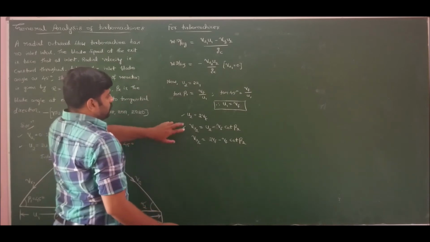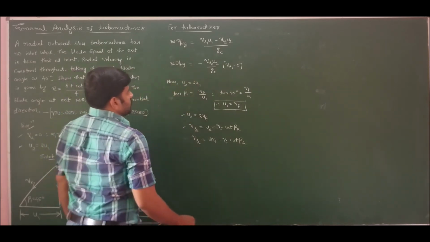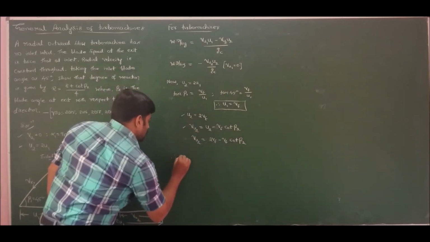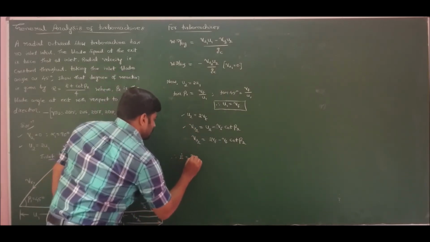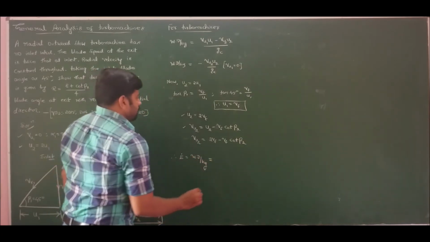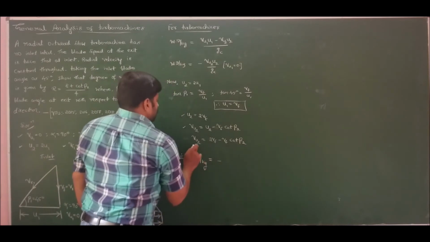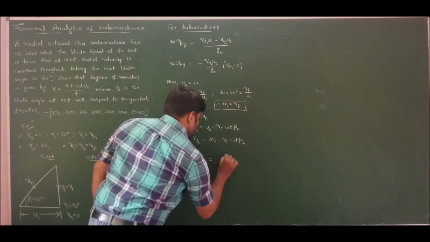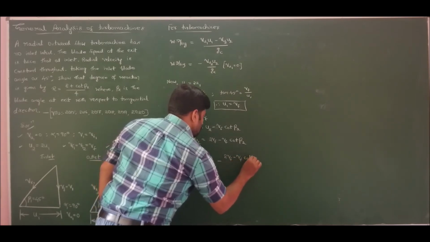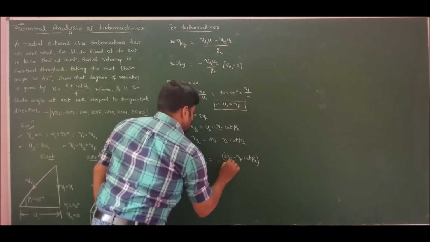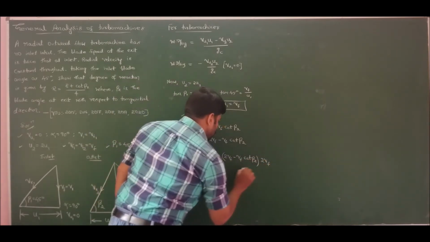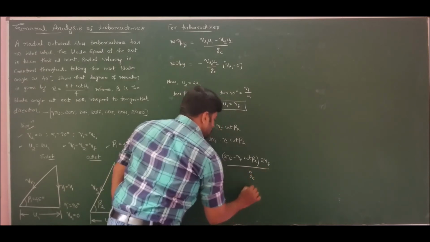Now substitute the values of U2 and Vu2 in the equation of energy transfer. So energy transfer, or work done per kg, will become minus Vu2, which is (2Vf minus Vf cot β2), into U2, which is 2Vf, whole divided by gc.